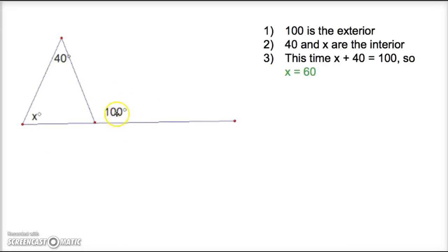To get 100, you would have to add the two angles that are opposite from it, which is x and 40. So x plus 40 would have to equal 100. So I've set up this equation right here. And then that leaves 60 to be your answer, because 60 plus 40 equals 100. So in this case, angle x would be 60 degrees.